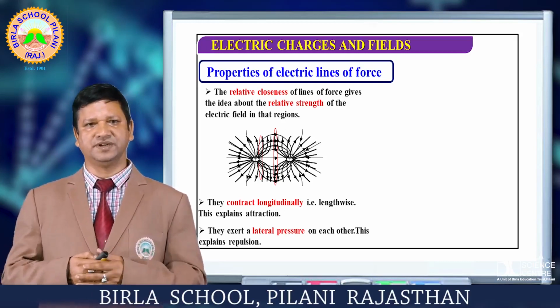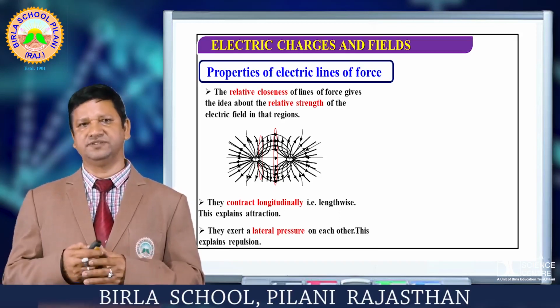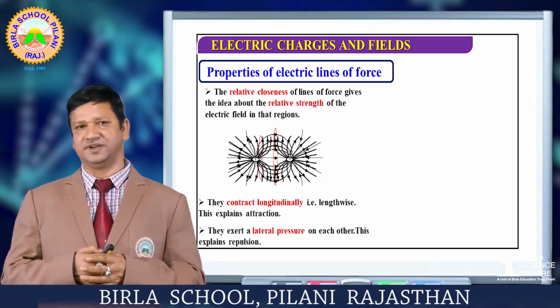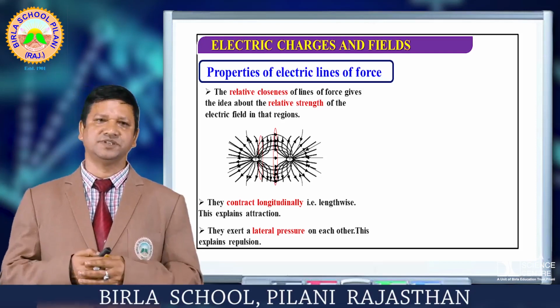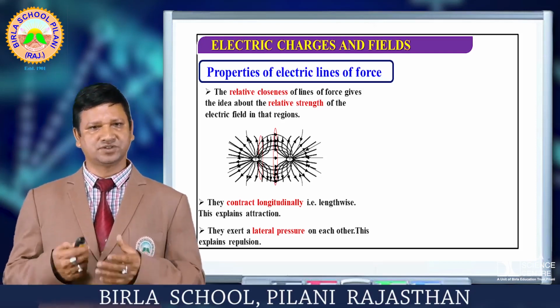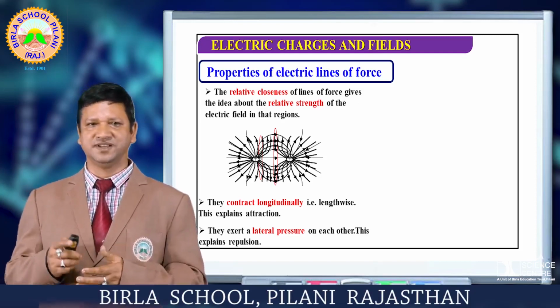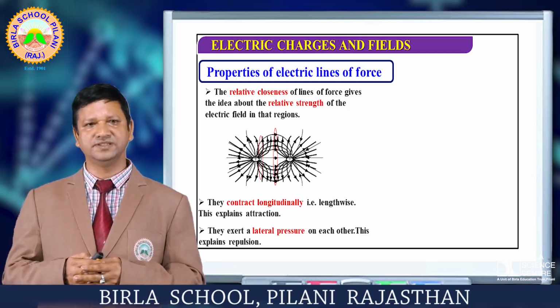So in this diagram you can see between the two charges, positive and negative, the closeness of the electric field lines is more. So that is why, if the charges are opposite in nature, we get a stronger electric field within the region. I am marking this particular region with the red circle.